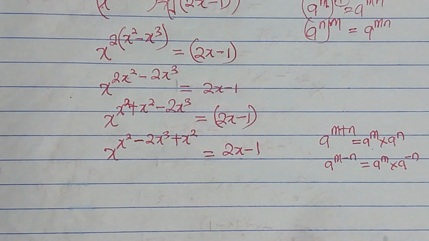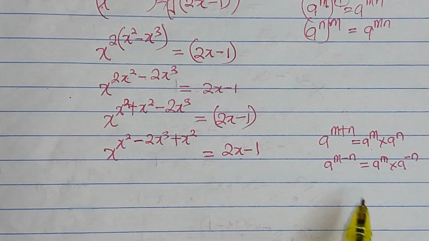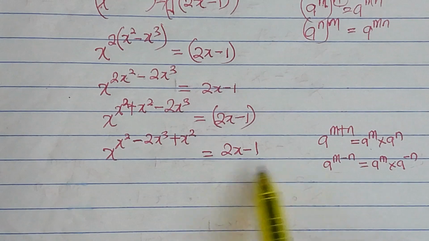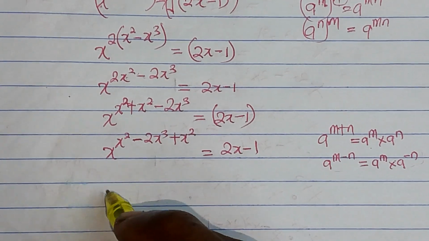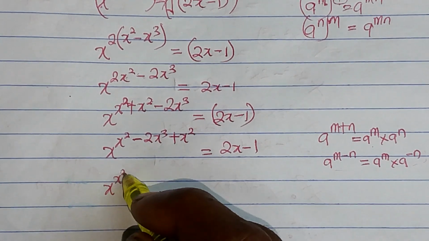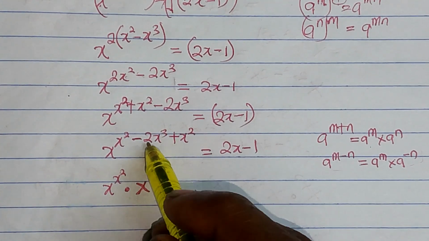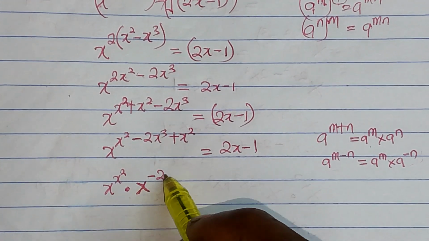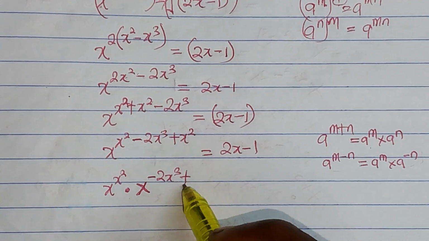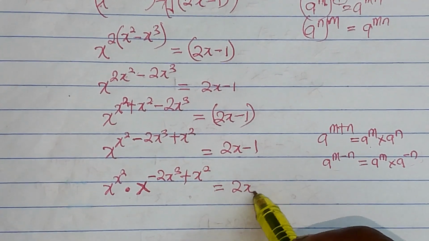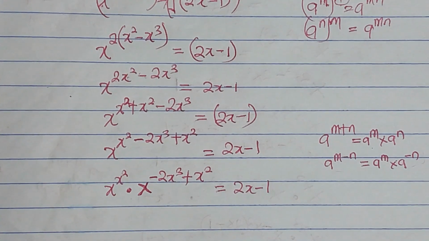Since it can be written in this form, we can apply this law here. That is to say, we are having x to the power of x squared multiplying x to the power of minus 2x cubed plus x squared, and this equals 2x minus 1.